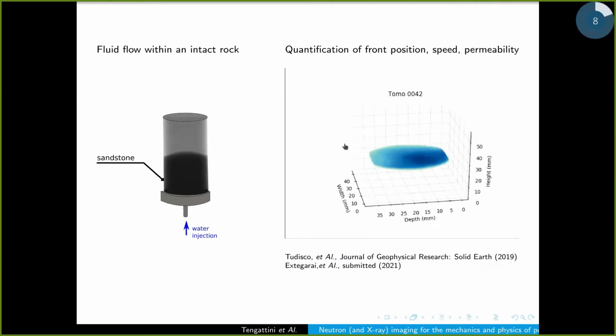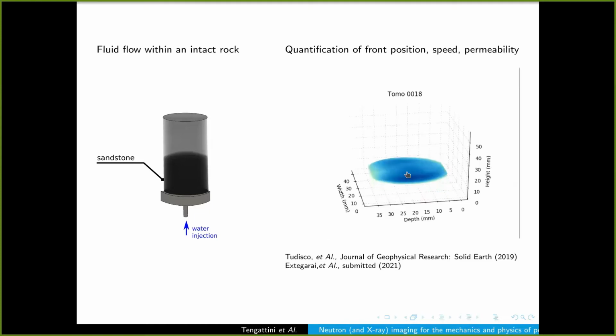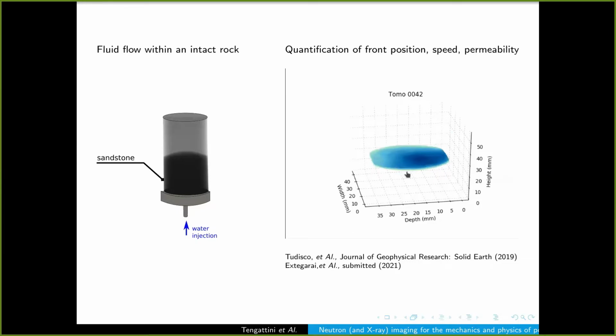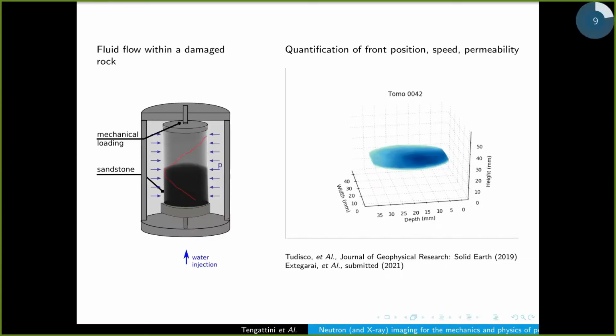Now, the experiment I've shown you is, of course, just a number of images, but as usual, the purpose is to extract quantities. For example, the position of the fronts, and therefore the speed of the imbibition. Once again, you might say, well, this is not a particularly exciting experiment in itself. It's just Darcy's law. It's nice and homogeneous. But of course, as we, for example, load triaxially our sample, there will be localization, and the fluid flow will be rather different.